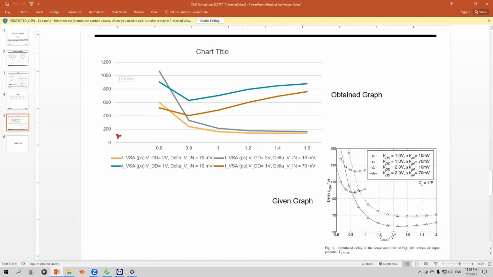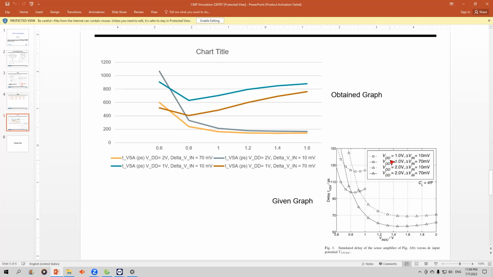The y-axis is in picoseconds. Yes, it's picoseconds. Here it is 130. But for VDD equal to 1 volt, the values are really, yeah.